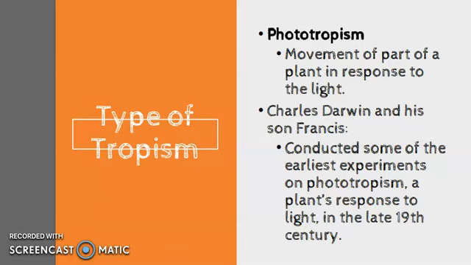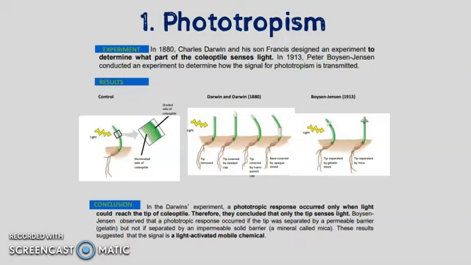The first crude scientific experiment or study on plant phototropism was done by Charles Darwin and his son in 1880. Further exploration of the research on phototropism was done by Peter Boysen Jensen in 1930. In the next slide, we will discuss in detail Charles Darwin's experiment and the history behind the phototropism discovery.